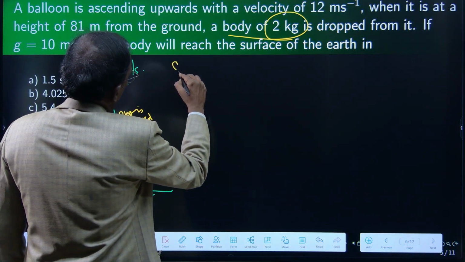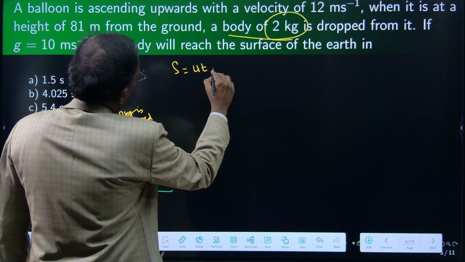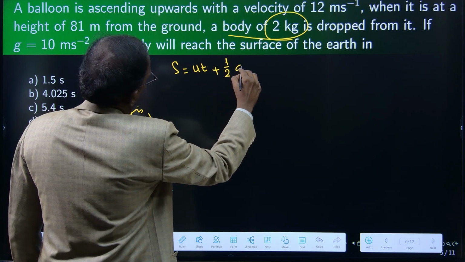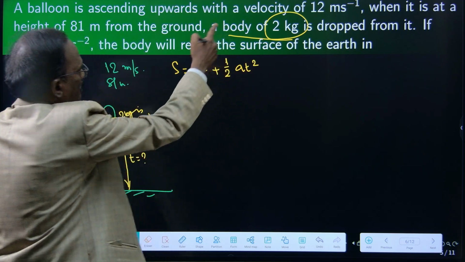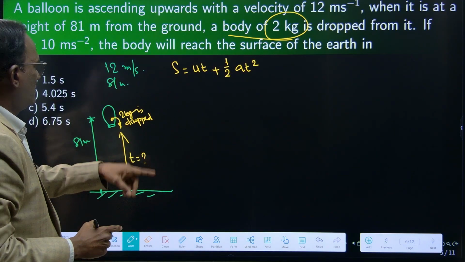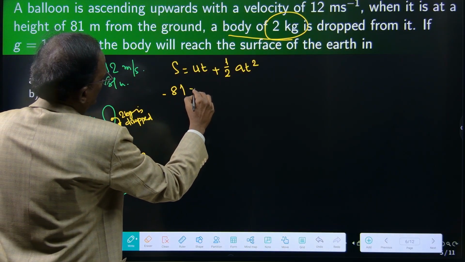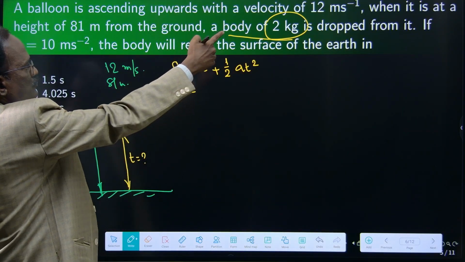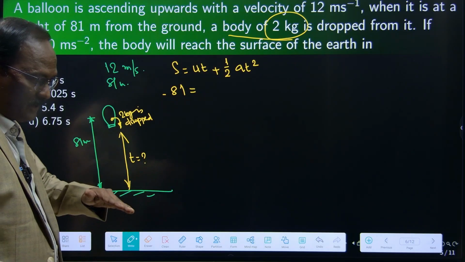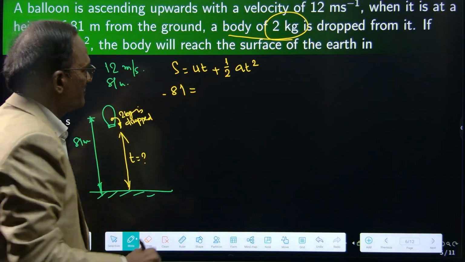Once again we will use this formula, S is equal to ut plus half at square, for the 2 kg body, right? What is the distance? 81 meter. Please remember this is minus 81 is equal to u value 12 meter per second, but the balloon is moving up, so this will be plus 12.